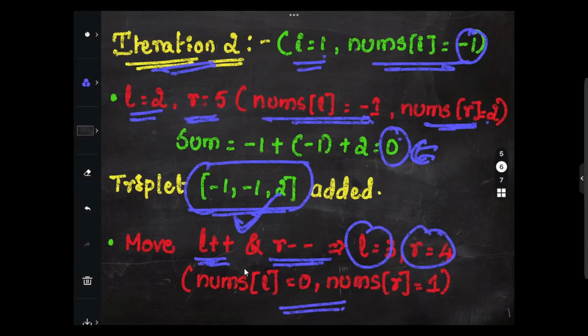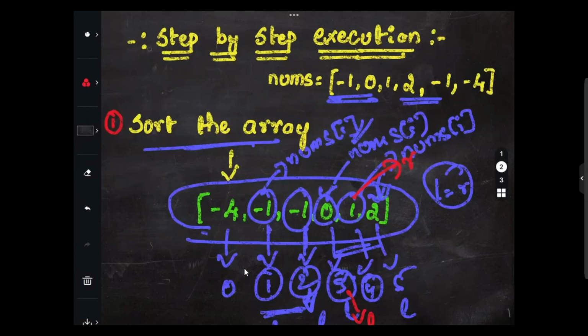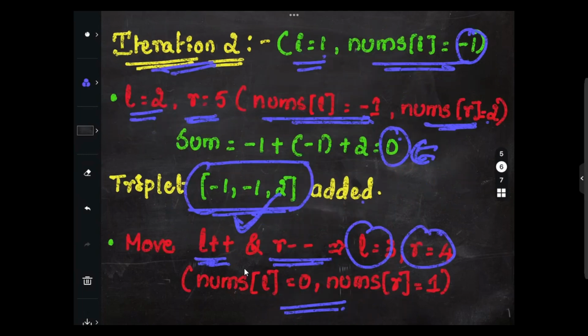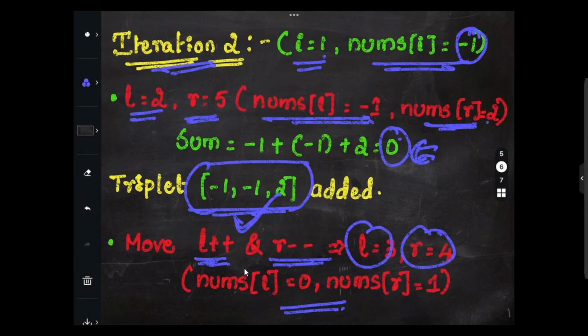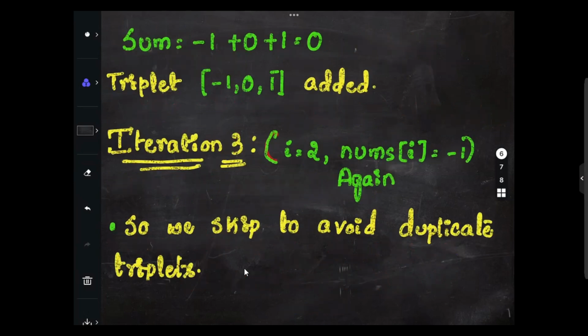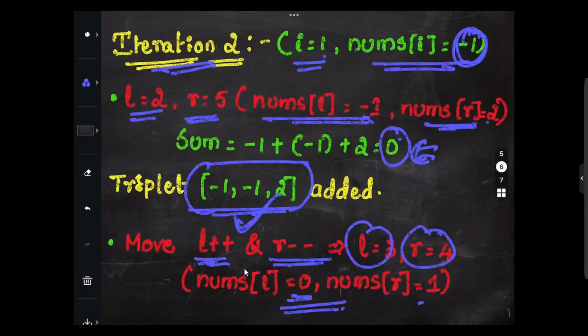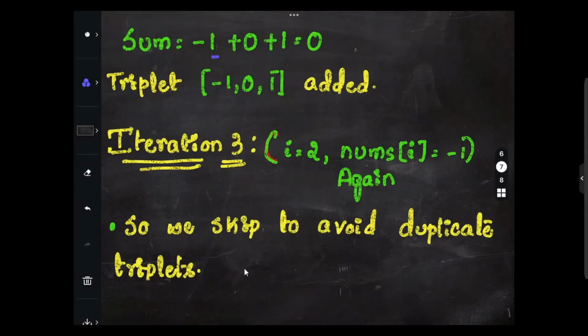So here nums of L will be 0 and nums of R will be 1. Nums of L is nothing but this one, 0 initially. Nums of R, we are considering this one, 1. So the first step here is when we sum up: -1 plus 0 plus 1 will lead to 0.